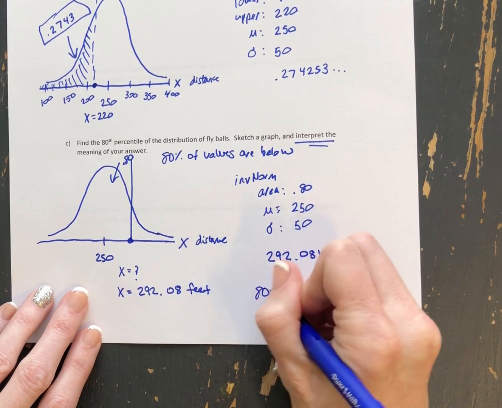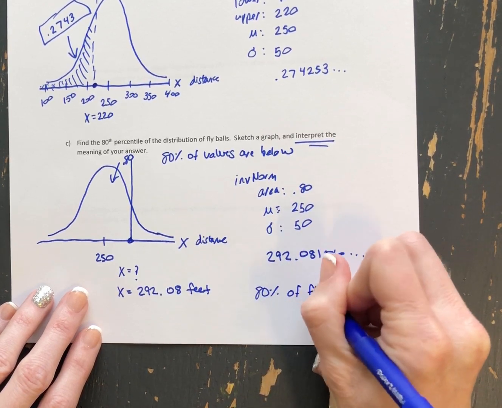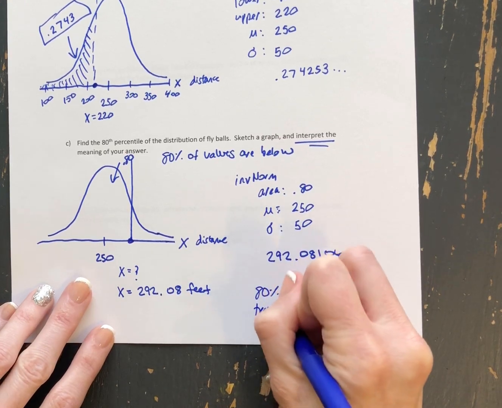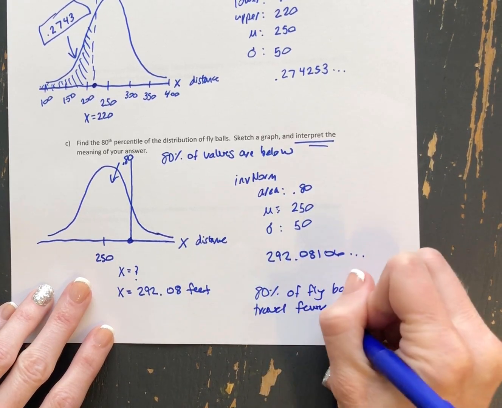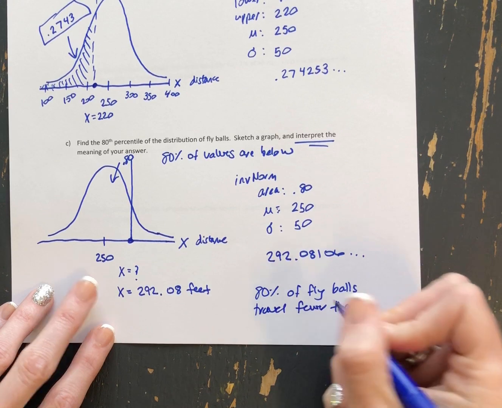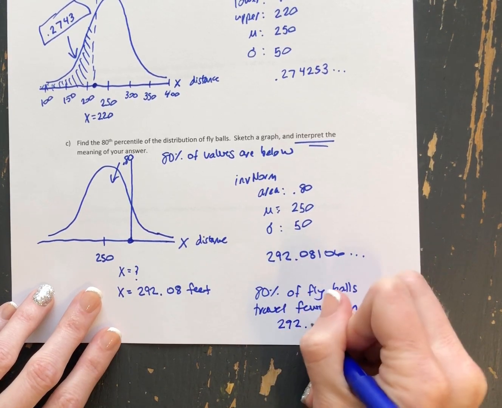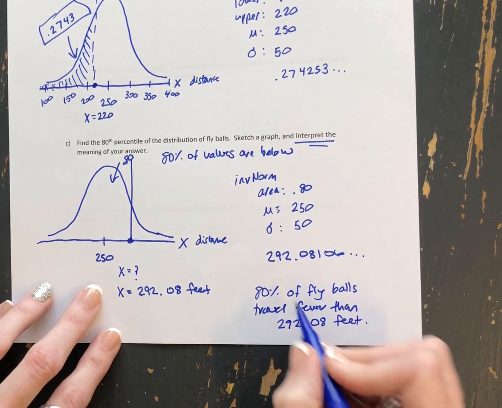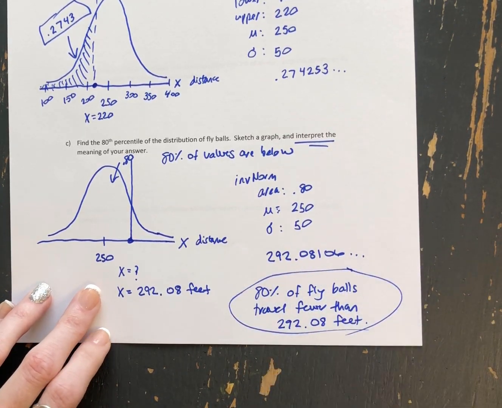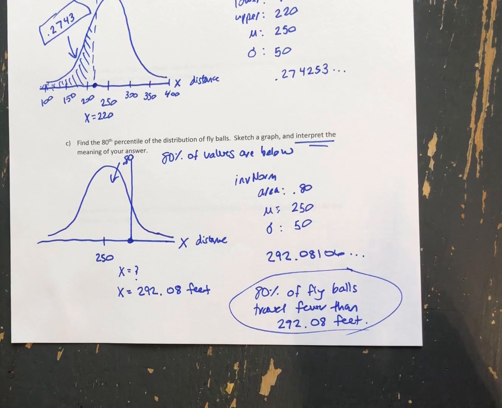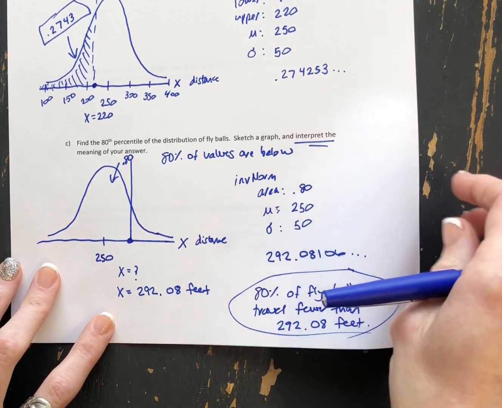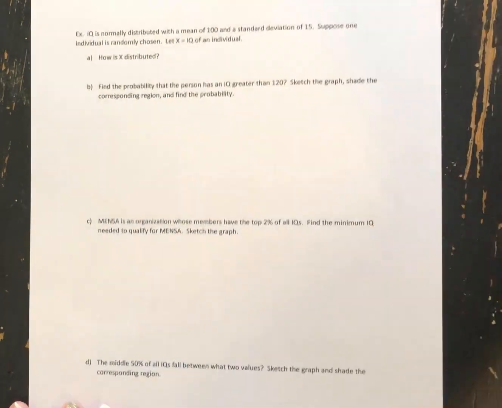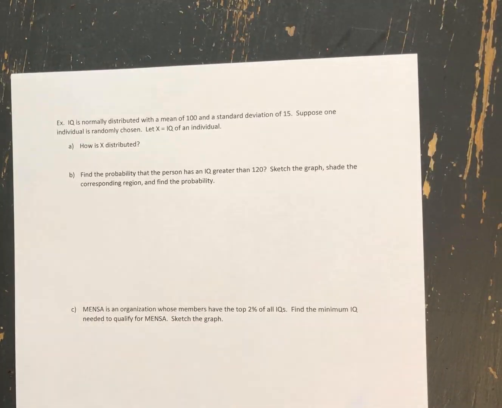So we would say 80% of fly balls travel fewer than 292.08 feet. Okay, so that would be our interpretation. And we're going to look at one more example, doing the exact same thing, just doing one more example so we feel really comfortable.